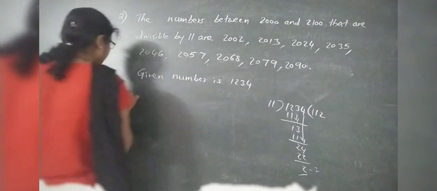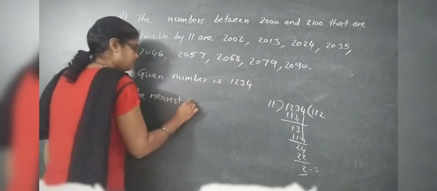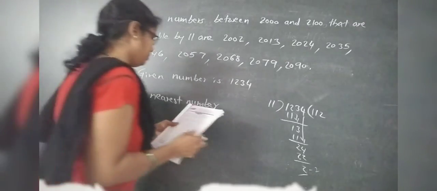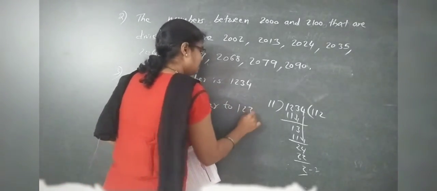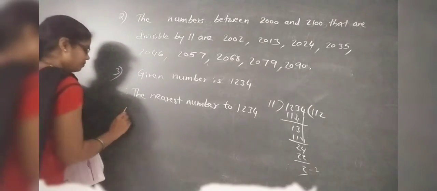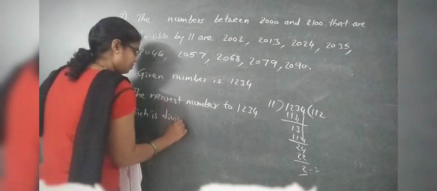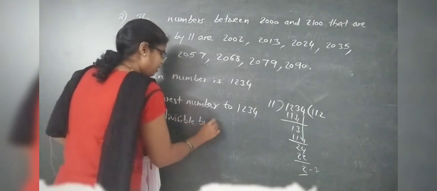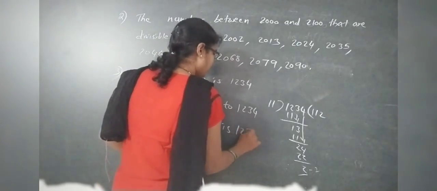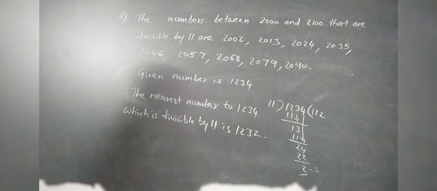So therefore the nearest number to 1234 which is divisible by 11 is 1232. Okay?